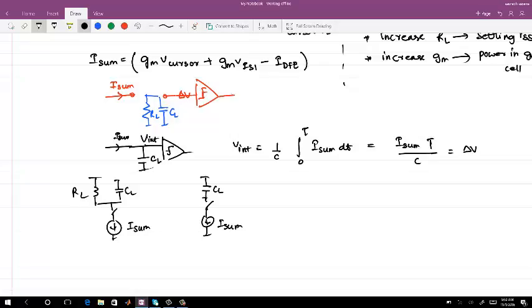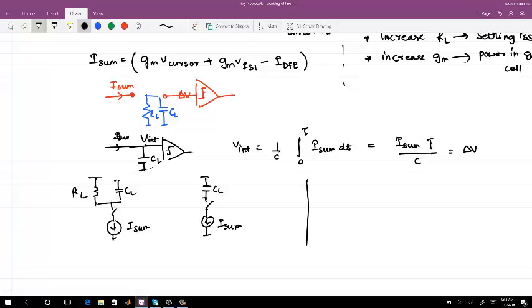Which node do you think will attain the same voltage faster? No, same current in the two. Same current, same capacitor, just an added RL.